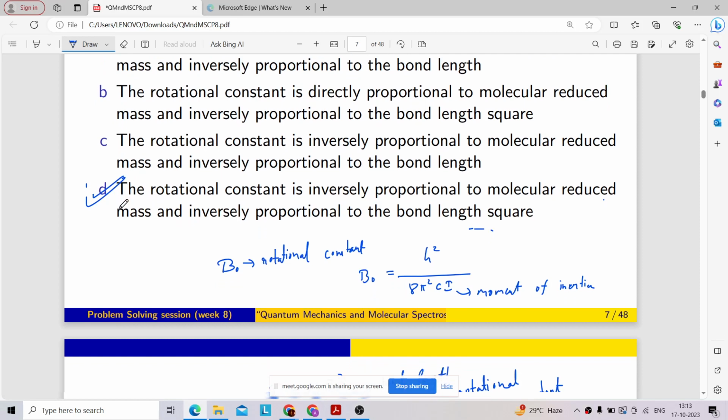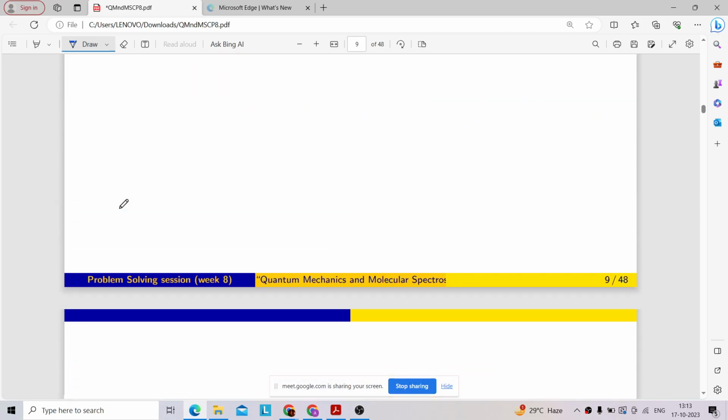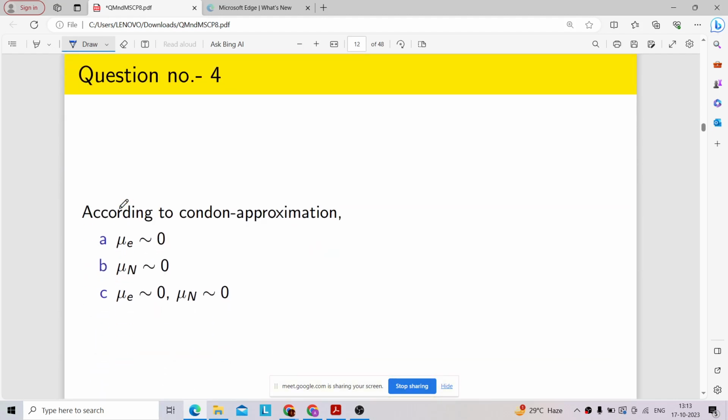Okay. Moving on to the next question. According to Condon approximation, which condition is true?